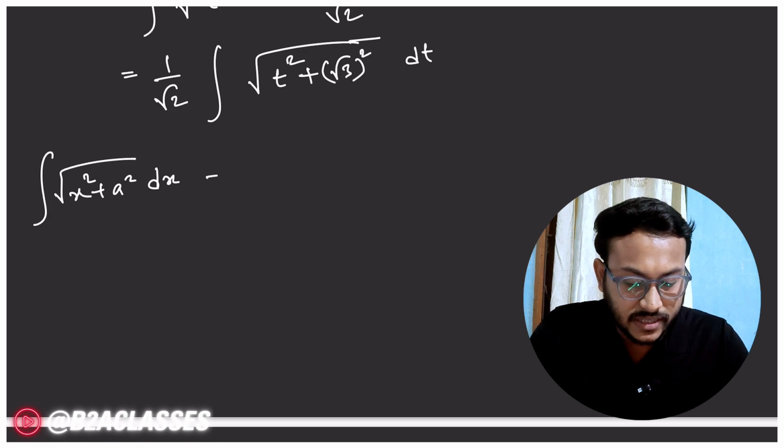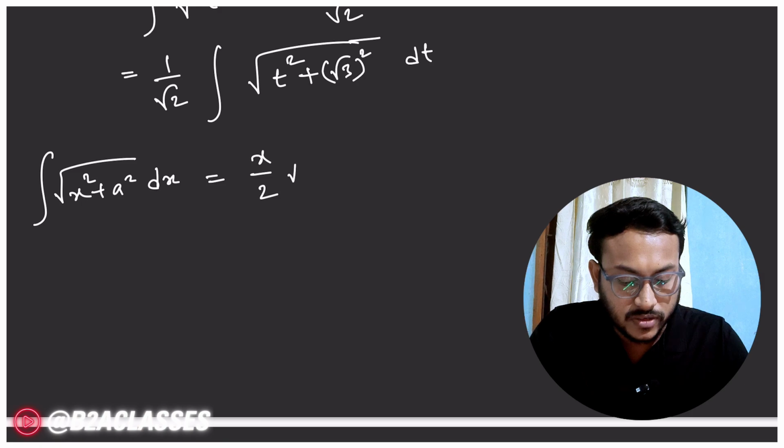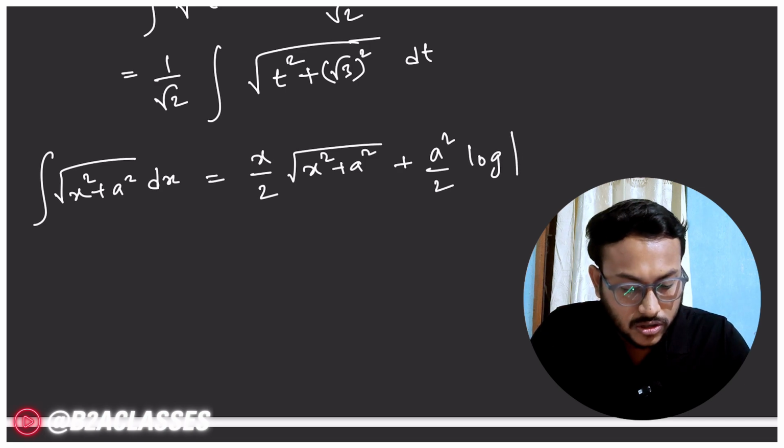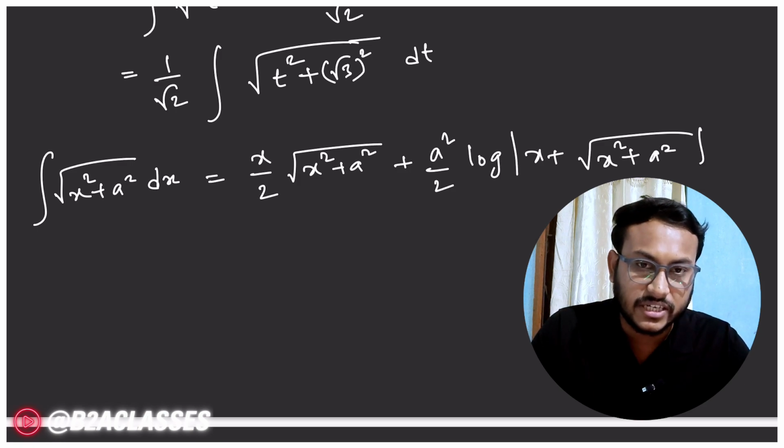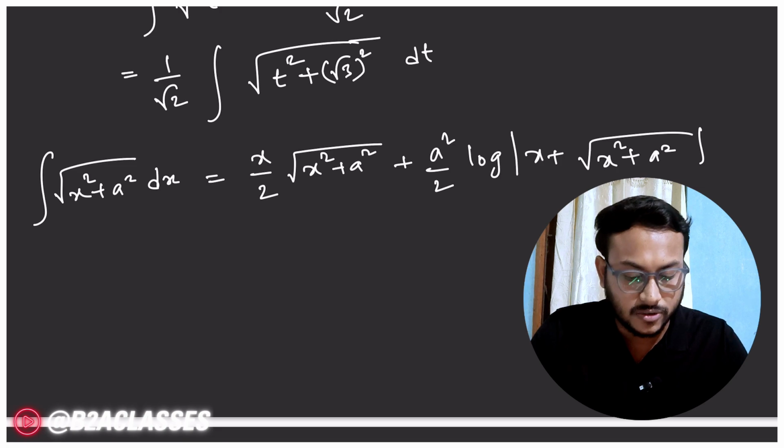The formula for this integration is x by 2 root over x square plus a square, plus a square by 2 log of x plus root over x square plus a square. We have to apply this formula in the question.